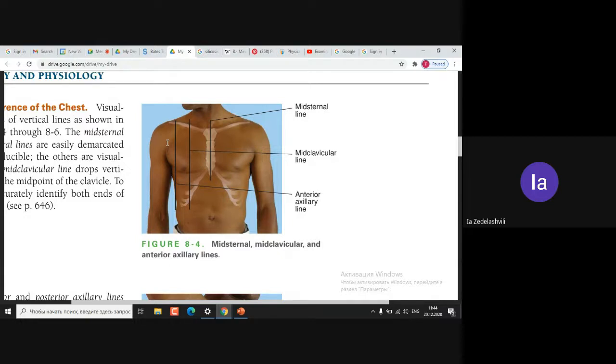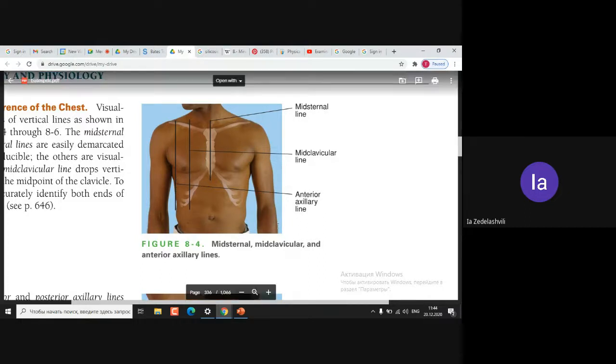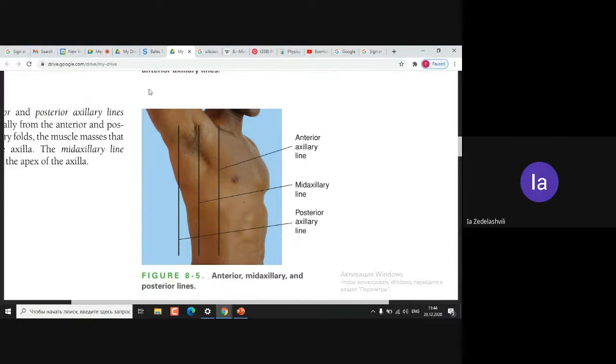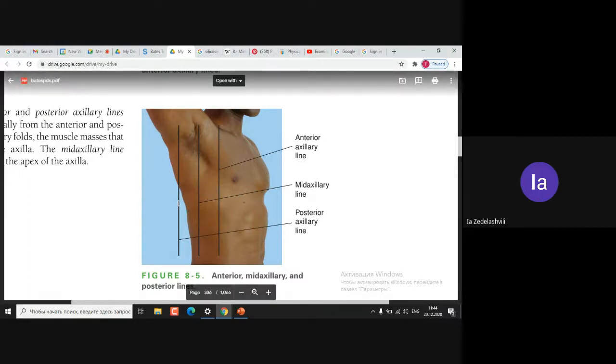So which axilla? It's from the anterior side, so anterior axillary line. I think it's easy to remember. Now raise your hand. You remember the anterior axillary line? The same will be from the posterior side where your hand connects to the body.